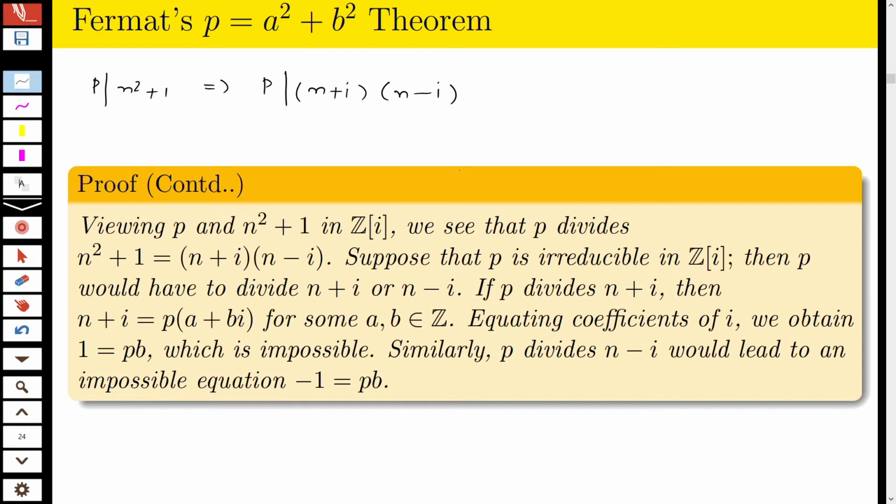So suppose that p is irreducible in Z[i], then p would have to divide n plus i or n minus i. If p is irreducible, then p divides n minus i or p divides n plus i.